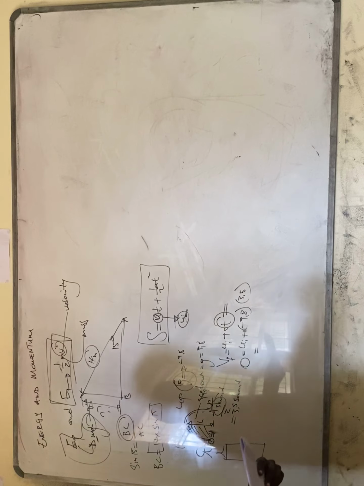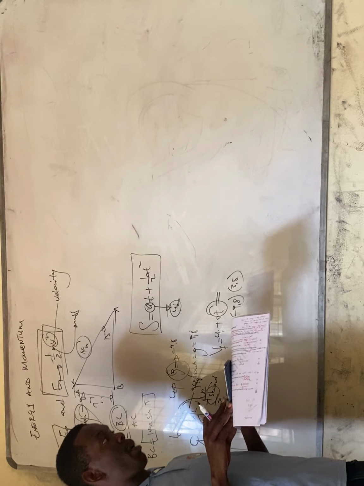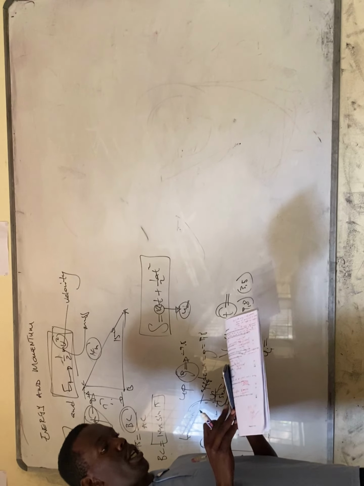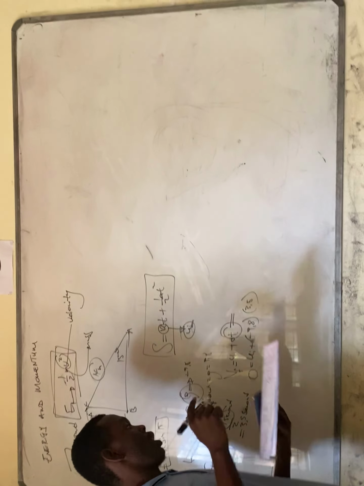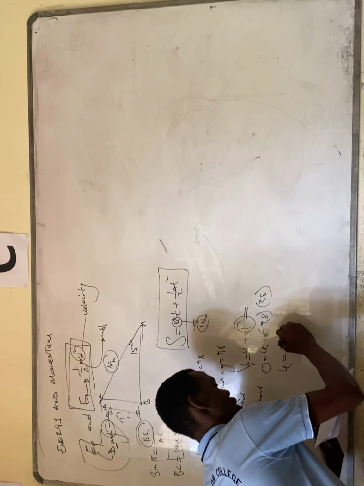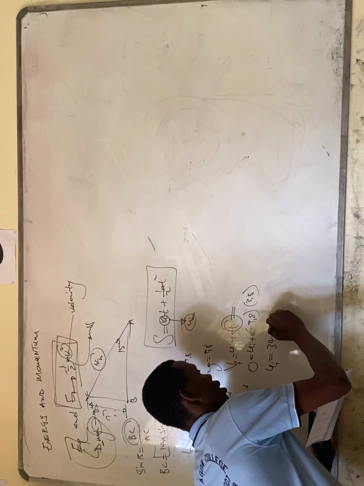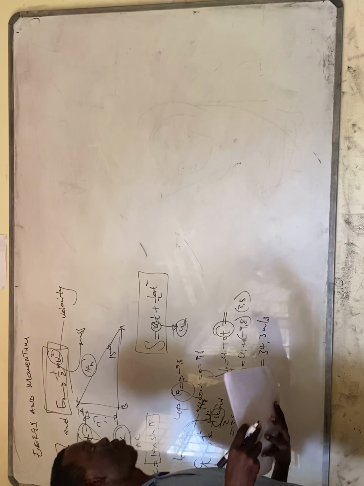Multiplication of these two. This one will be the initial velocity, equal to negative 9.8 multiplied by 5.98, which is 4.3 meters per second.